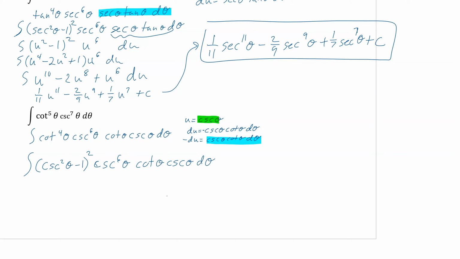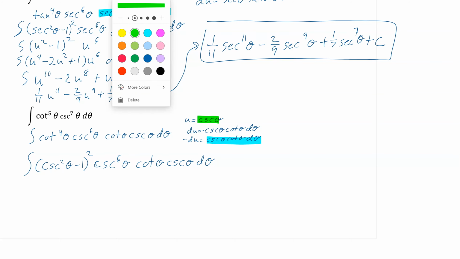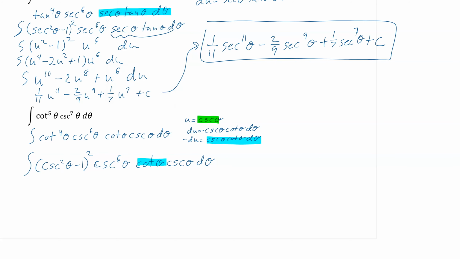Okay, so now it's all set up nicely to be replaced. This goes away. Everything else now is a u. So this is u squared minus 1 squared, u to the 6th du, but we do have a negative now outside. So that is the only difference.